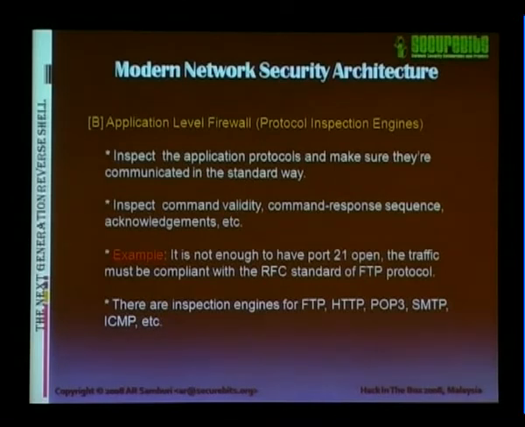So if you find a specific port open in the firewall, you cannot send your attack through that port if your attack does not comply with the standard implementation of that protocol. This applies to protocols like SMTP, POP3, FTP, DNS, ICMP, NTP, etc. If you want to use a port, the traffic has to comply with the standard implementation.